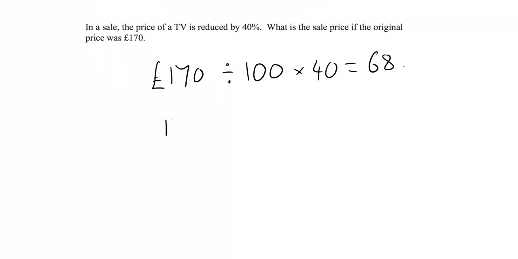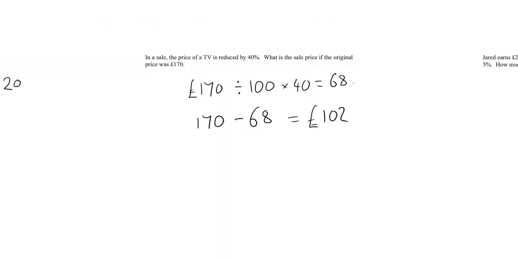So if I now do 170 and I take away that 68, I'm going to have my final answer, aren't I? That in the sale is going to be £102.